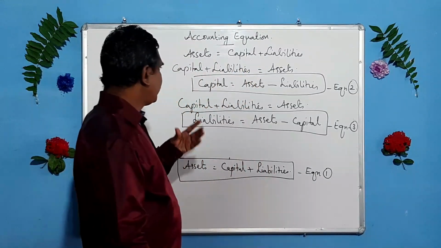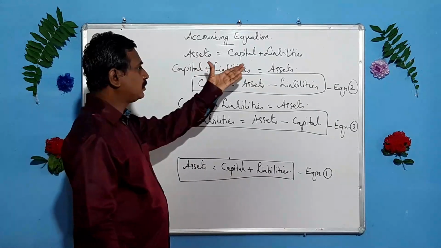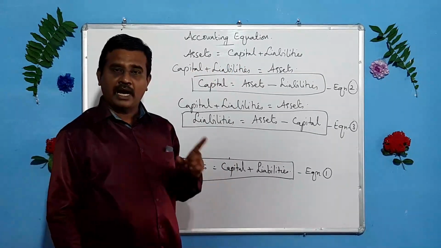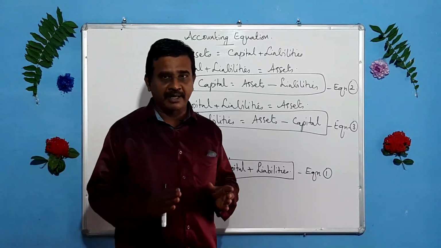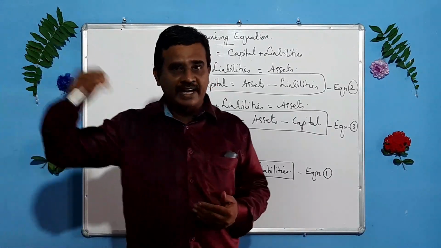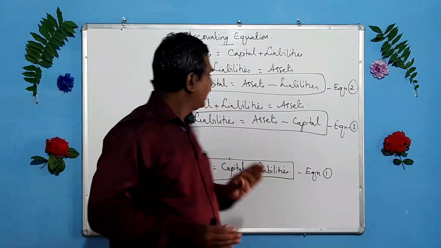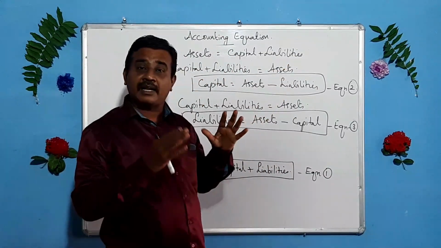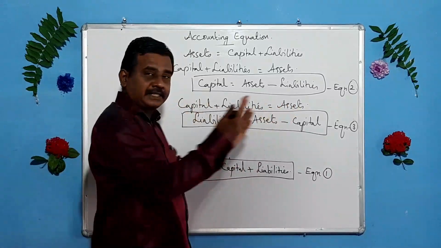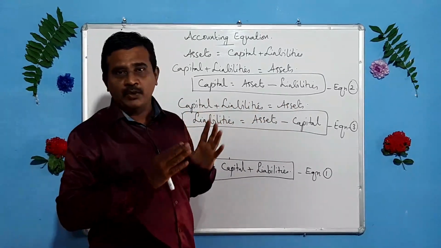Now, let us go to the next stage. Assets is equal to capital plus liabilities. I told you sometimes they may ask you capital. Remember, again let us go back to the 9th standard. You might have studied: this side is called the left hand side and this side is called the right hand side. When you change the sides, the value will not change.